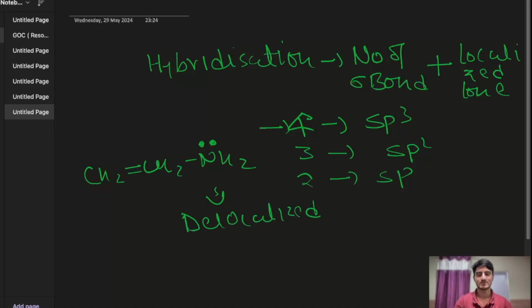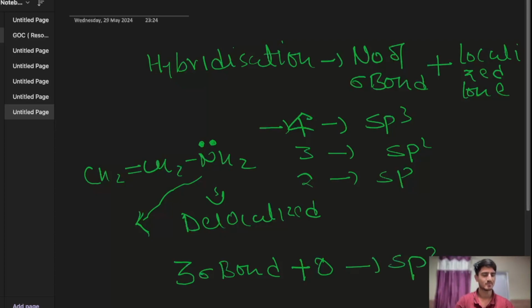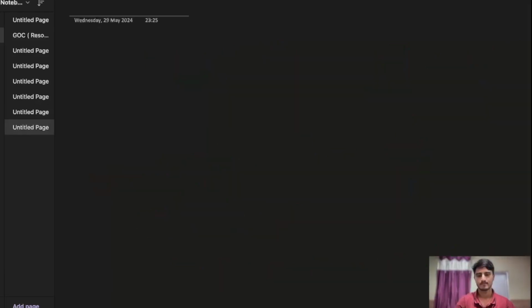So if we are going to calculate its hybridization, what are the sigma bonds formed by this nitrogen atom? Two with hydrogens, one with carbon. So three sigma bonds plus localized lone pairs 0. So the hybridization will come as sp2. Clear?